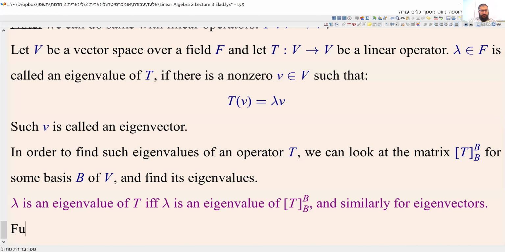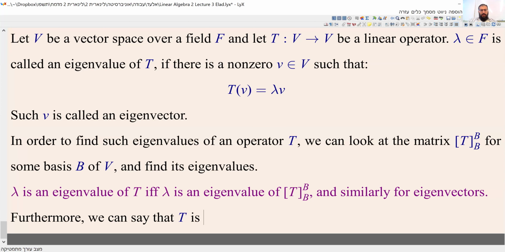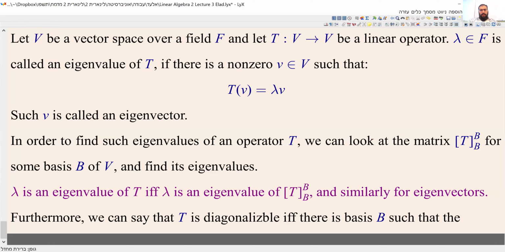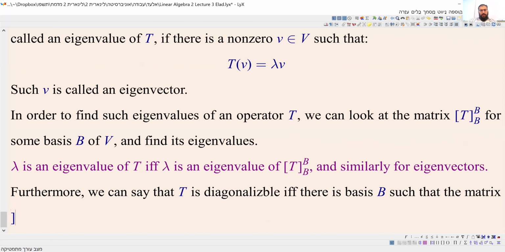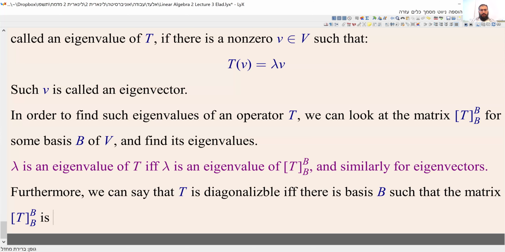Furthermore, we can say that T is diagonalizable if and only if there is a basis B such that the matrix T from B to B is diagonal.